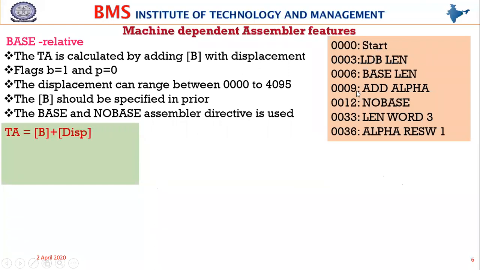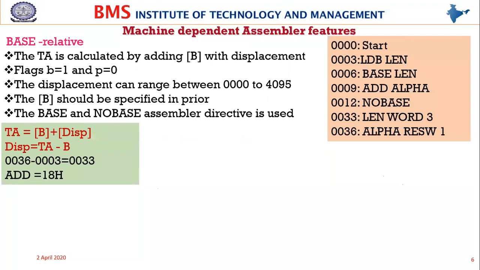As usual, target address is equal to contents of base plus displacement. Now the reverse of it, displacement is target address minus base register contents. So 0036 is where alpha is, minus the contents of B register, that is 0003. So we are going to get the displacement 0033, which is a positive displacement.